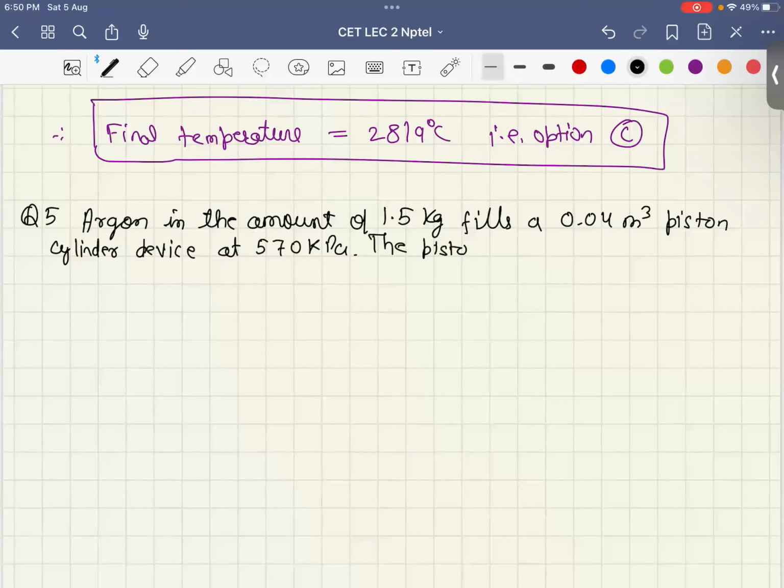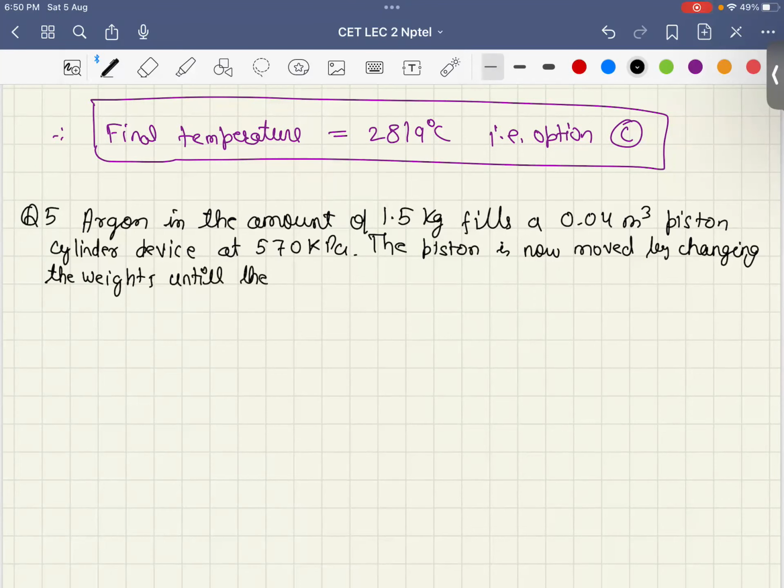The piston is now moved by changing the weights until the volume is thrice its original size.